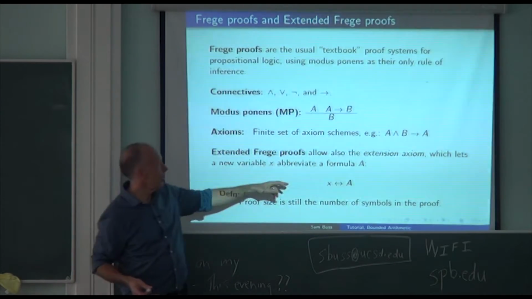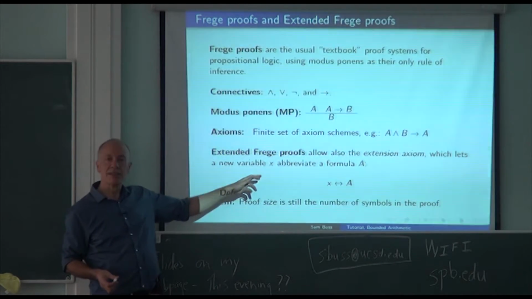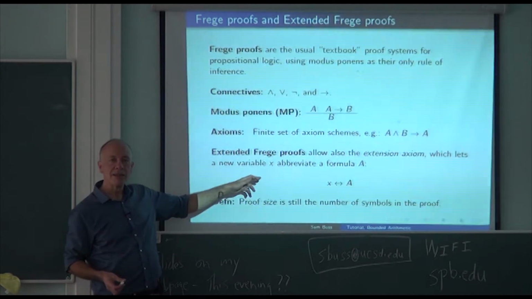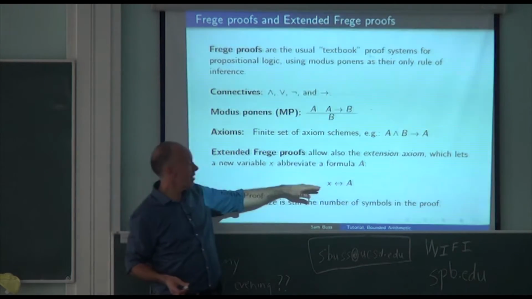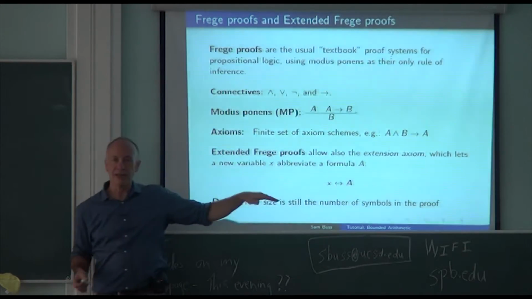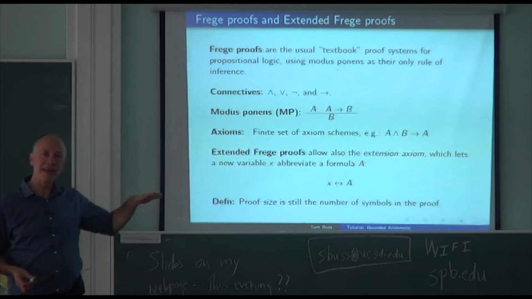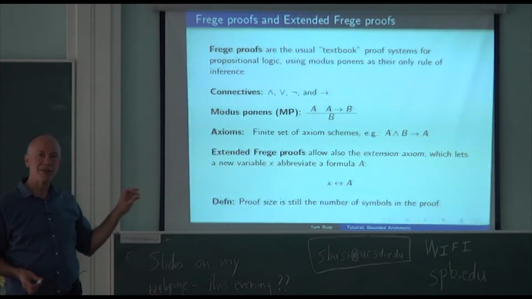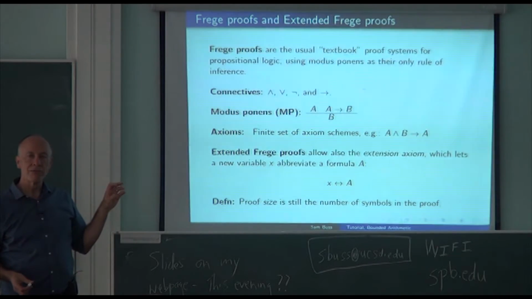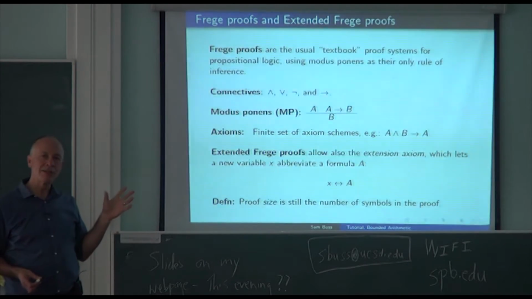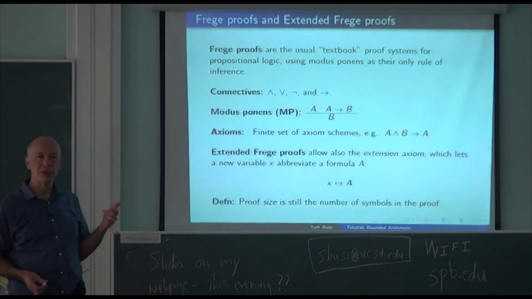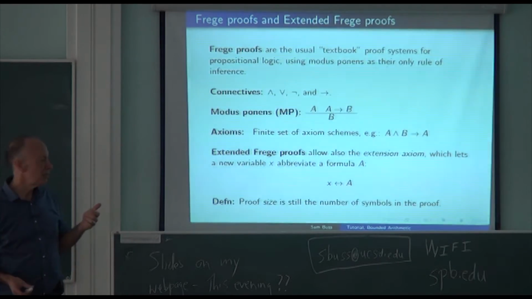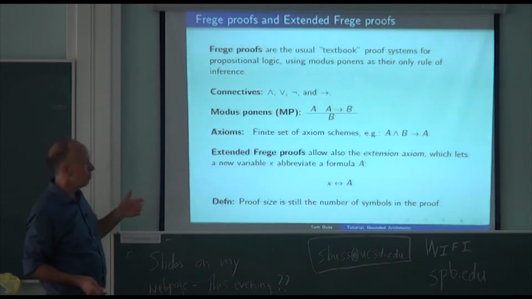We pick a new variable x and a formula A, which should not contain x, and we let x be an abbreviation for A, and operationally this means we can add as a new axiom x if and only if A. The variable x is new, it should not have been used anywhere else in the proof yet. It should not appear in A, nor in the last line of the proof, the formula being proved. Okay?